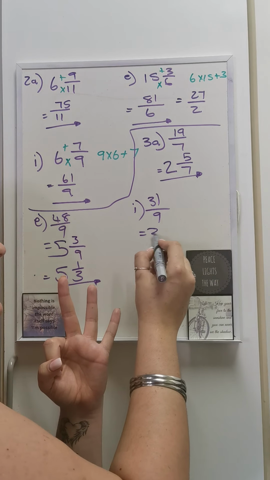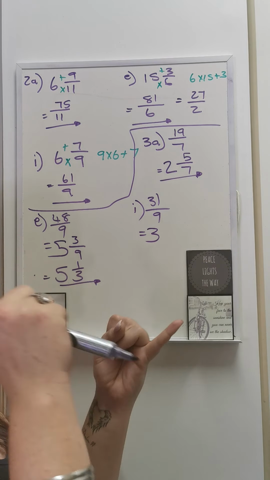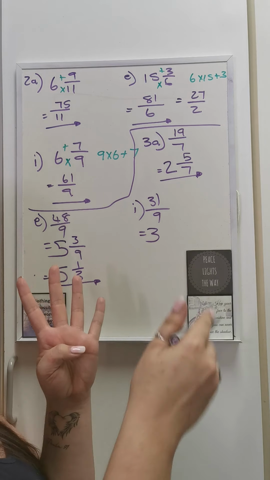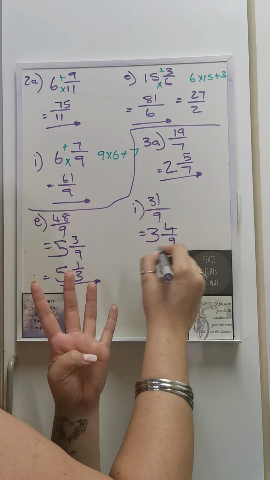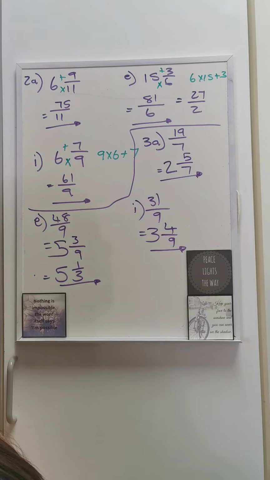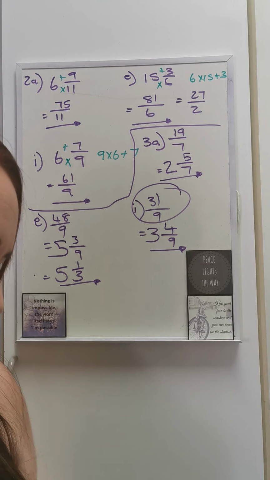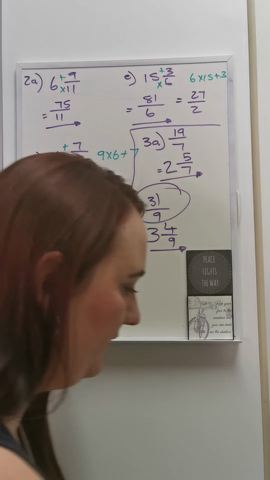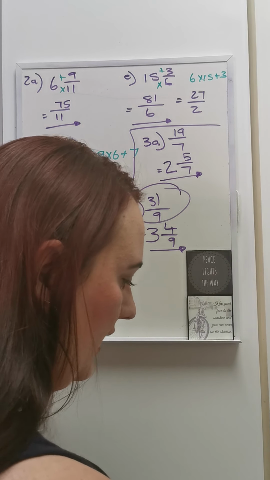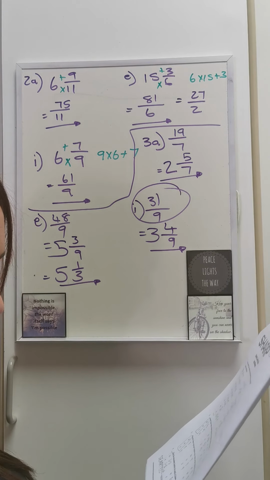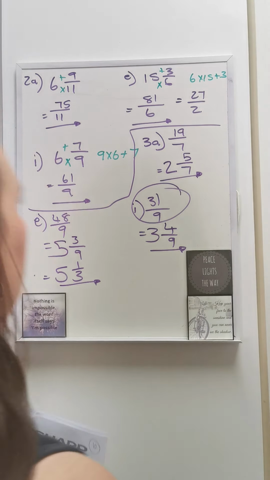It's only 3. 27, 28, 29, 30, 31, and 4 over 9. Or you press this in your calculator, shift, press this in your calculator, equals, and then shift and the SD button.